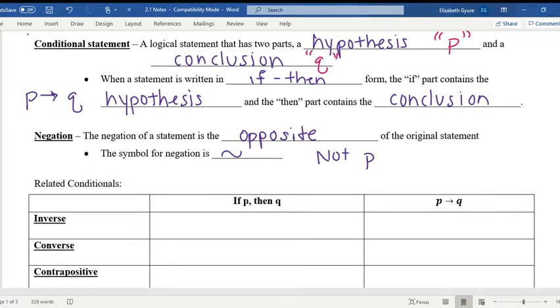If we wanted to say not our hypothesis, then we would write squiggle and then the letter P. So a negation, my original if-then statement that I told you is, if it is sunny, then we're going to go to the beach. The negation of that would simply be, if it is not sunny, then we are not going to the beach. So it's just making it the opposite, putting a negative in it.